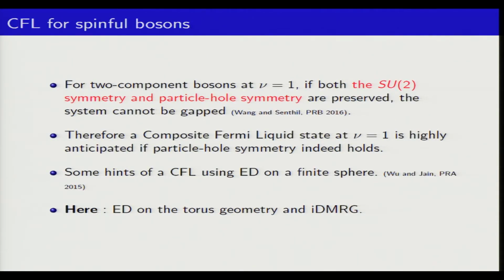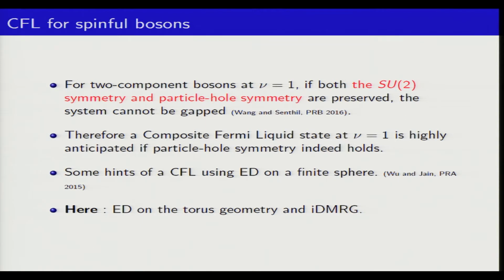So the final step is to see what's going on at nu equal 1. Remember, for fermions at 1/2, we have this gapless composite Fermi liquid, which is tightly related to this particle-hole symmetry. For two-component bosons at nu equal 1, what was shown from a theoretical point of view is that if you have both the SU(2) symmetry and the particle-hole symmetry, if both symmetries are preserved, then the system cannot be gapped.